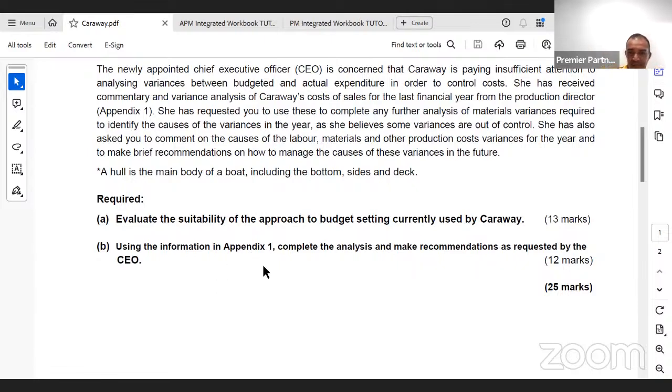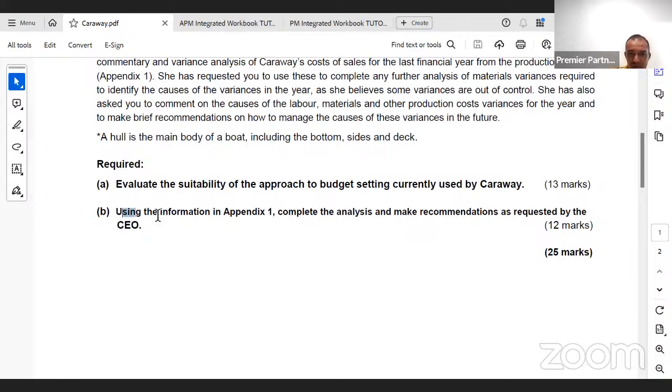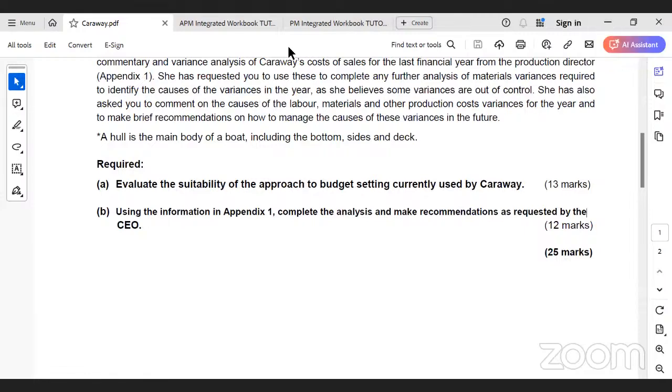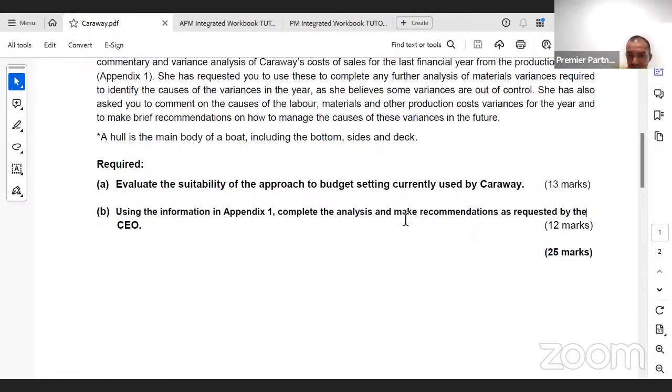Okay. Now look at this. Using the information in Appendix 1, complete the analysis and make recommendations as requested by the CEO. Now, Siva, is this the first class you're joining? Yes. Right. In APM, we always say, as requested by the CEO, as instructed by the CEO.